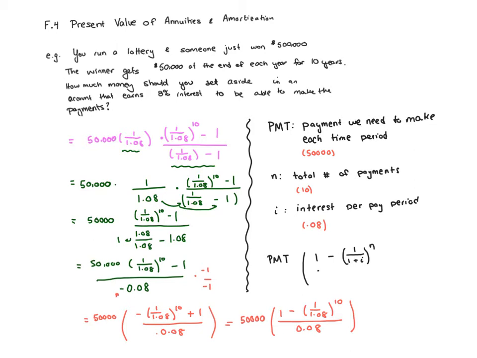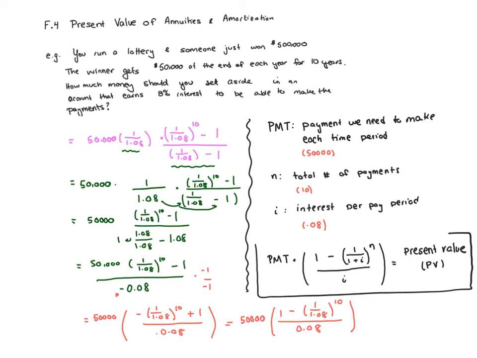And then I'm dividing that by my I. And what that gives me is the present value of those payments. So how much money we need now to make those payments. So that's my PV, the present value. So that is the formula we need for questions like this. We'll do one more example on the next slide.